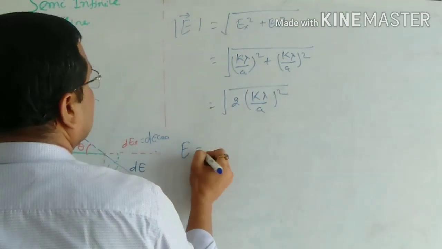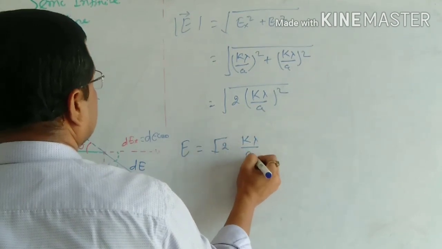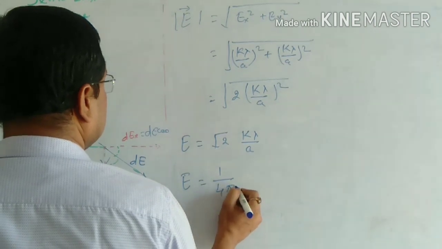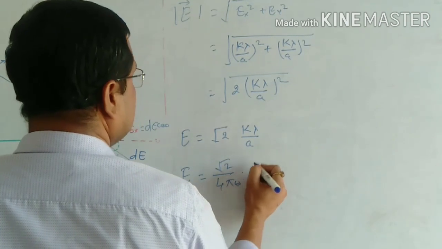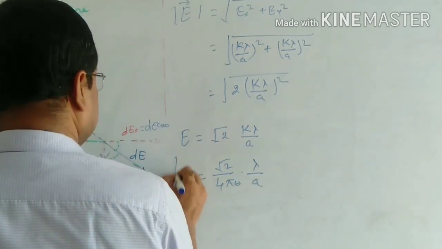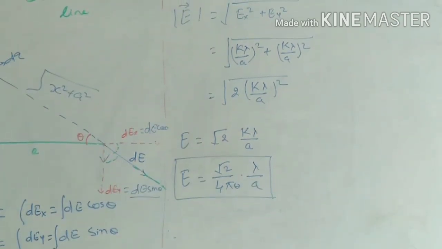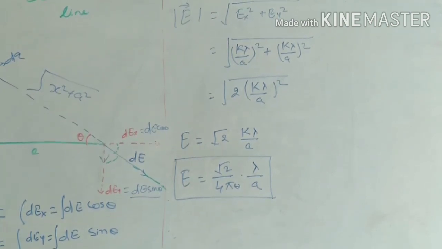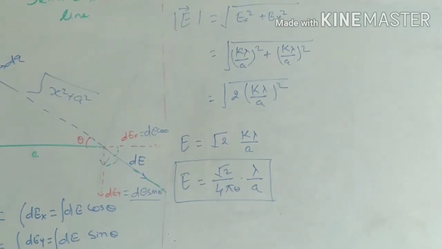So E equals root 2 k lambda by a, that is E equals root 2 by 4 pi epsilon naught, lambda by a. So this is the expression for the magnitude of electric field at a distance a due to a semi-infinite line.